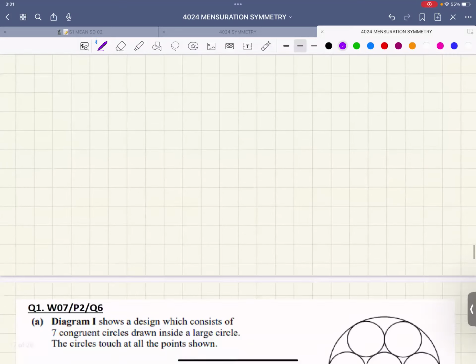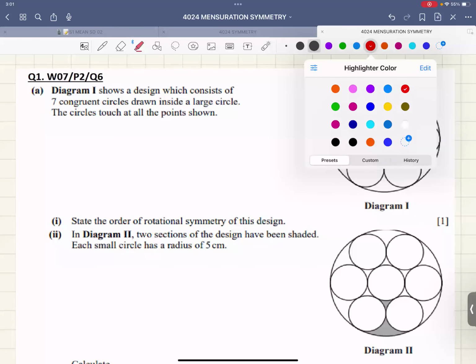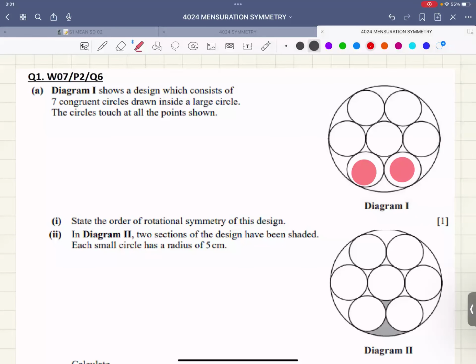Some more paper 2 questions, something like this. It says diagram 1 shows a design, and get your calculators ready. Diagram 1 shows a design which consists of 7 congruent circles drawn inside a large circle. So there are 7 congruent circles, and they are this one: 1, 2, 3, 4, 5, 6, 7.